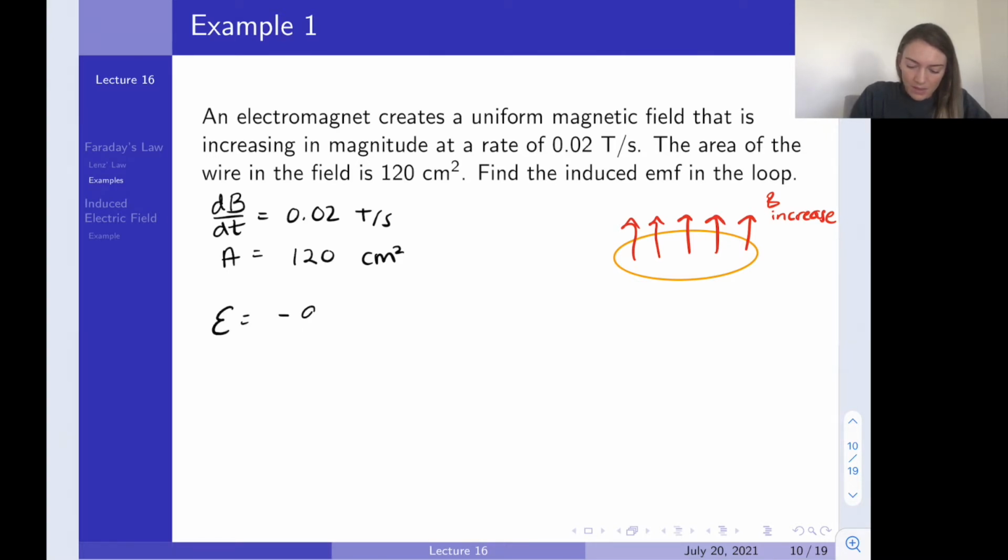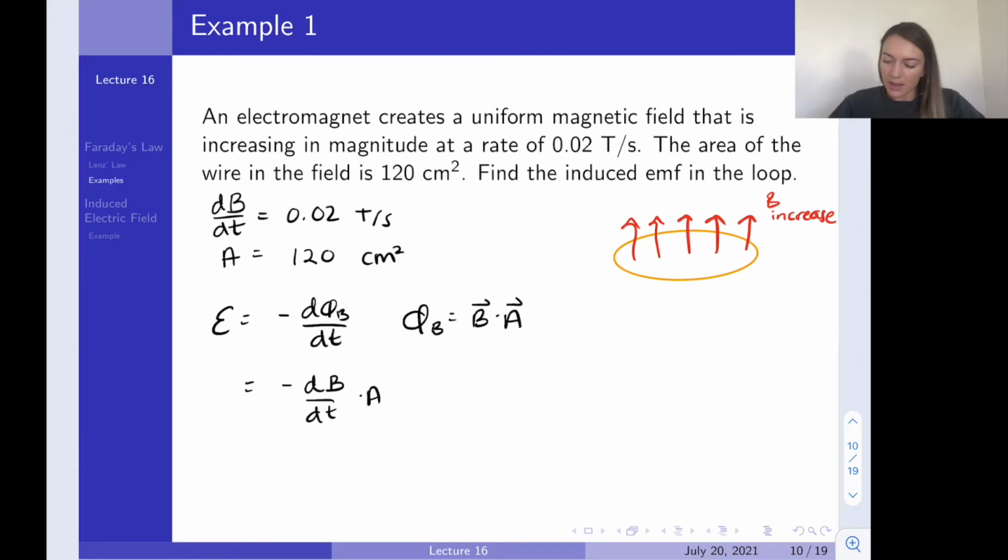So the EMF is the time derivative of our flux, where our flux is just B dot A here. Since our magnetic field is constant over our area, we don't have to worry about the integral. So this, let's write as negative dB/dt times the area. So our area and our magnetic field are parallel, so for our dot product, the cosine will just be 1, so we can just multiply the magnitudes together.